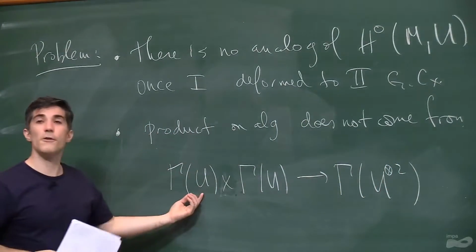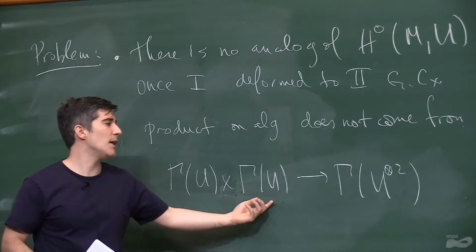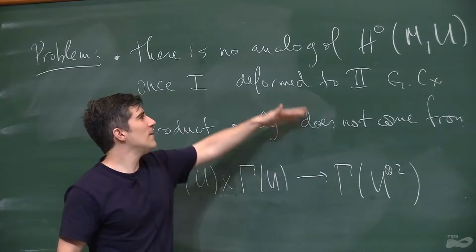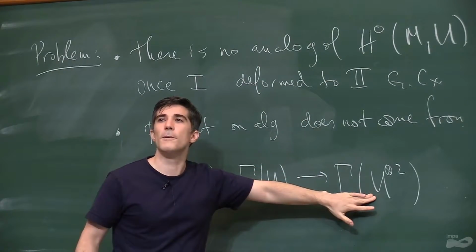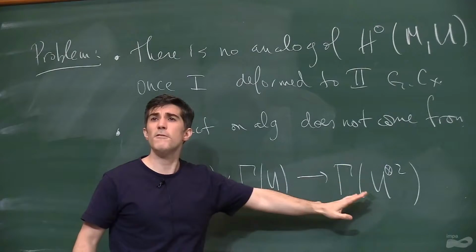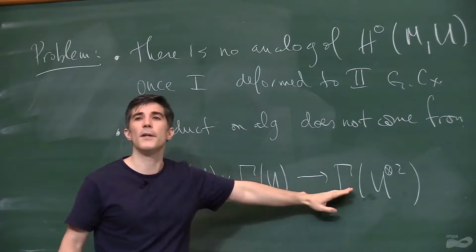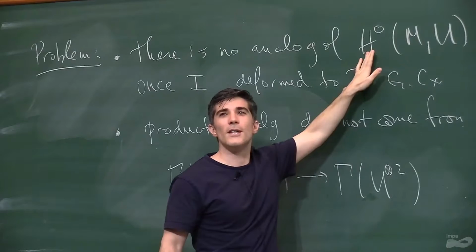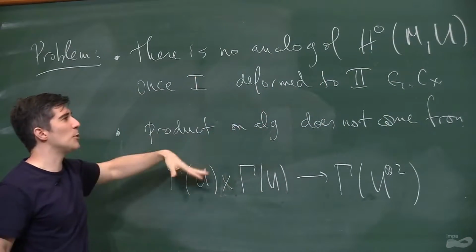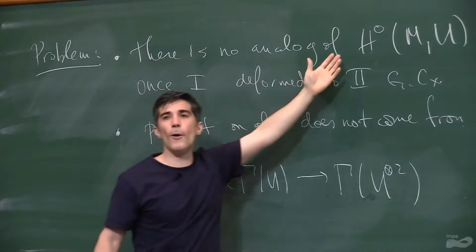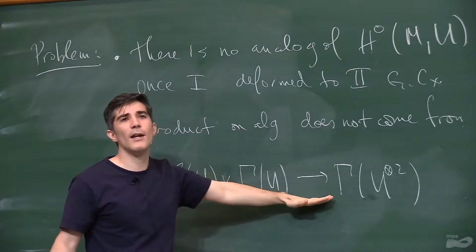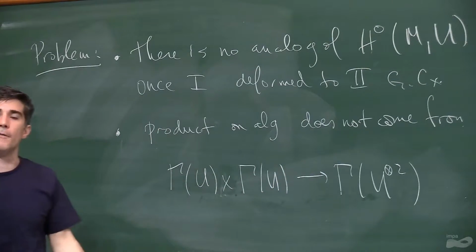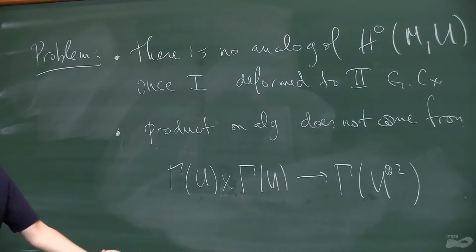Okay, so if you take a section of U and another section of U on the manifold, and you tensor them together, that is not the source of the multiplication. This would be commutative if we did this, and the algebra is not commutative. It shouldn't be commutative. And in any case, we don't even have holomorphic sections of it. So there are many problems, but these are the two main problems: we don't have an analog of holomorphic sections, and we cannot expect that the algebra comes from just tensoring sections of the pre-quantum line bundle together. We need something else.